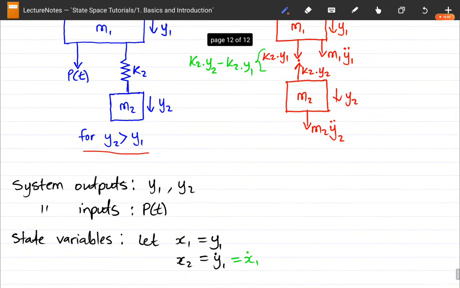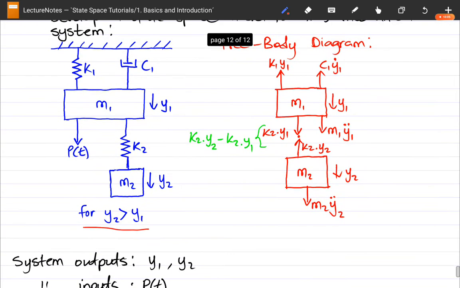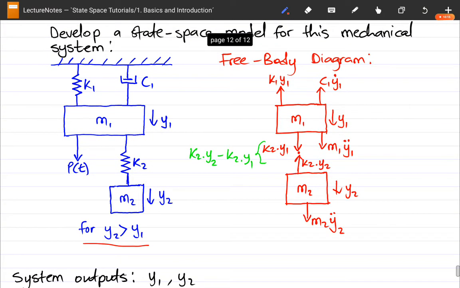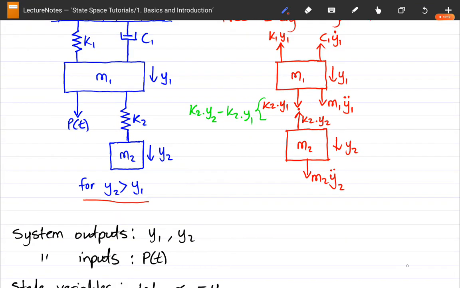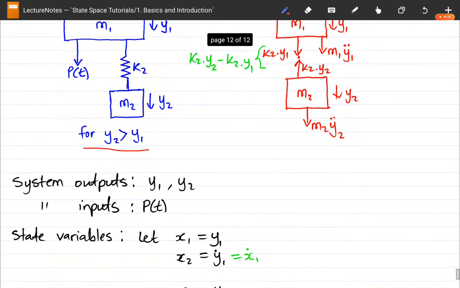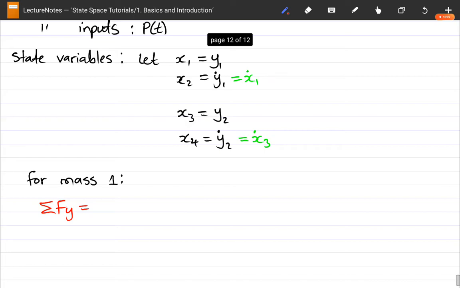We can look here at mass 1. Remember, we have the spring K1, damper C1, the external force P, and the mass itself. And then we also have the spring acting downwards. So this means that the sum of forces is equal to M1 Y1 double dot plus P of t.